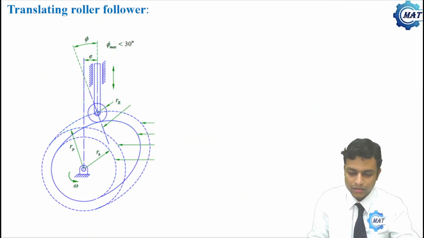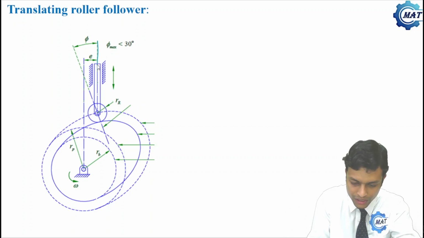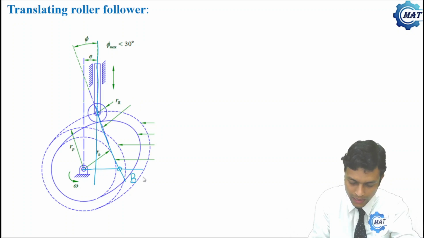Now let us draw it into a fresh diagram here. This is the common normal. This was B, that is I24. This point was A, this is O2, this point is C, and this angle is phi.